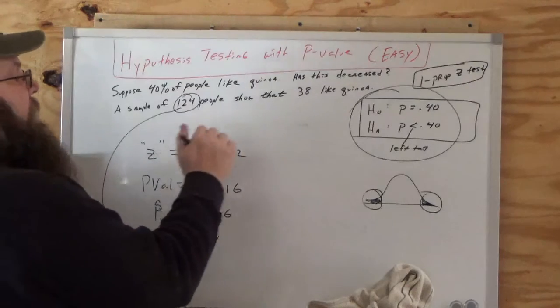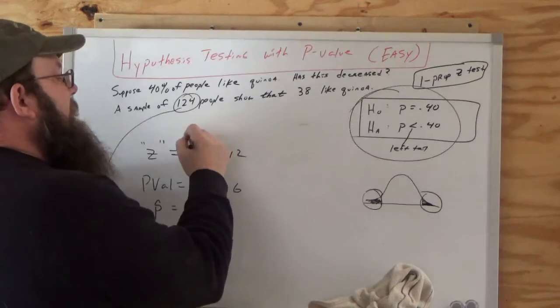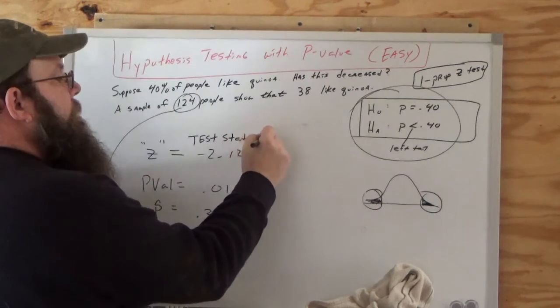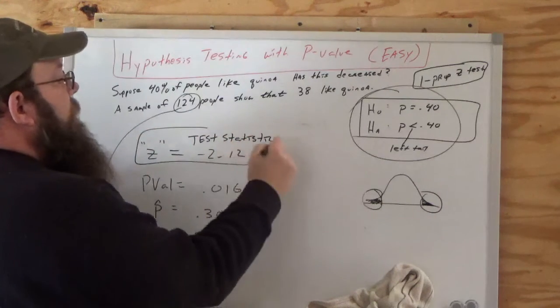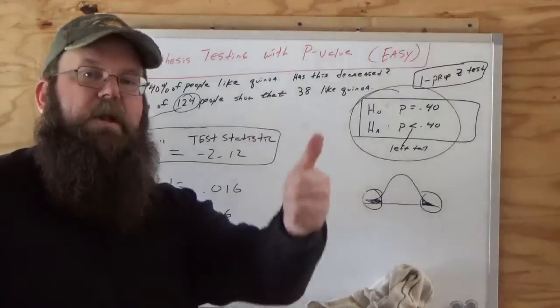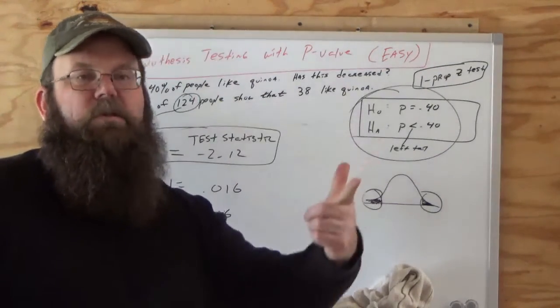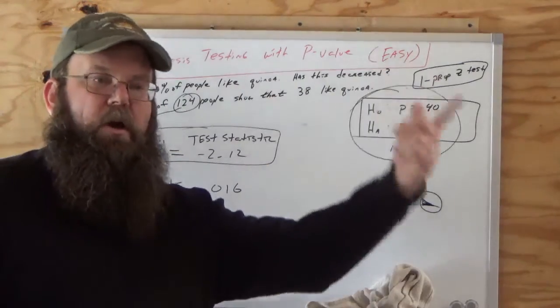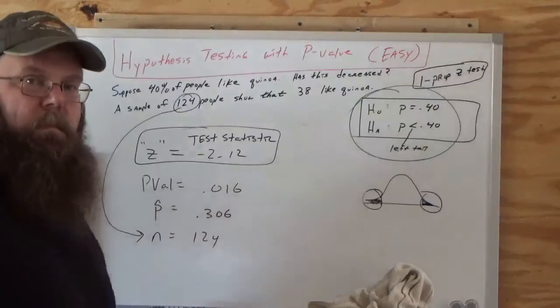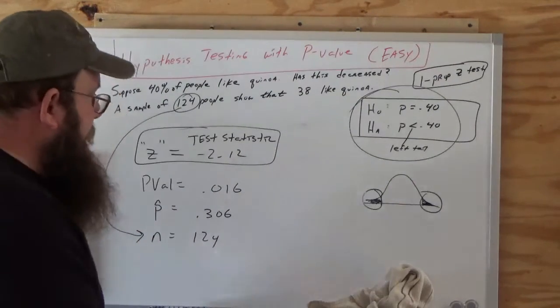What's this z? This is the test statistic. You know where that came from? When you did the standard deviation formula and then the z-score test statistic formula on your quizzes, those two formulas gave you that number. Your calculator just did it like that.